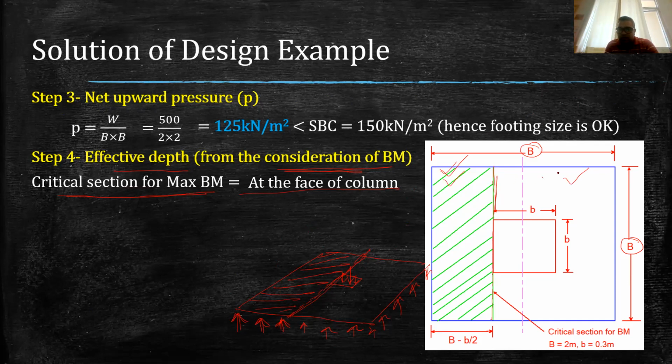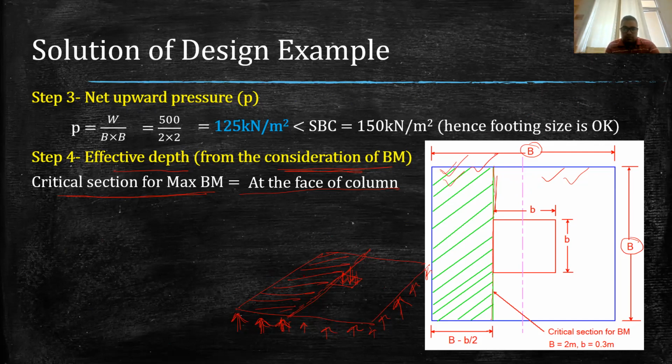While on the right hand side, we have two forces. One is the upward force offered by the soil and the downward force at the column. So we are supposed to find out the algebraic sum of these two forces. While if we consider LHS only, we have only the one upward force. So there will be less calculation.